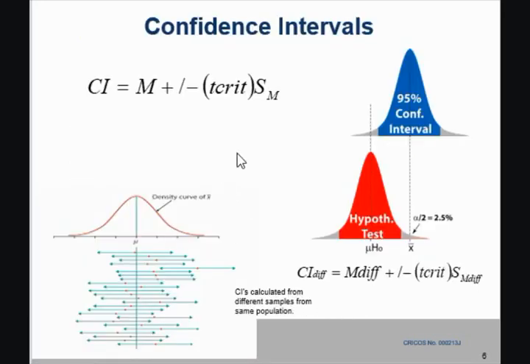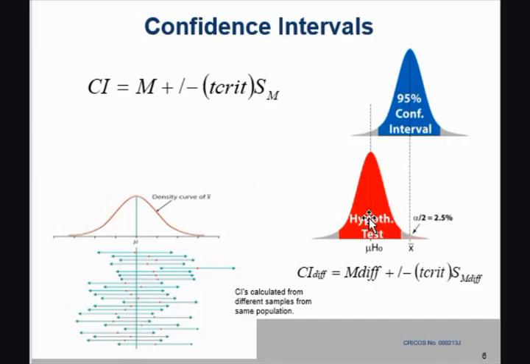Little reminder about confidence intervals. We can calculate confidence intervals around our sample mean. Confidence intervals are the points between which we are 95% sure our true population mean fits. So if our null hypothesis mean fits between those confidence intervals, we would retain the null hypothesis.